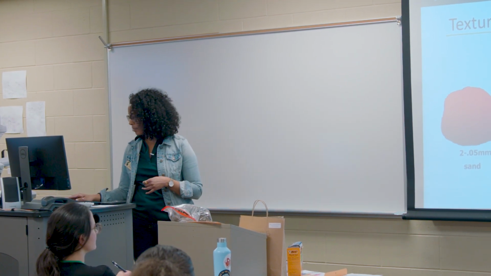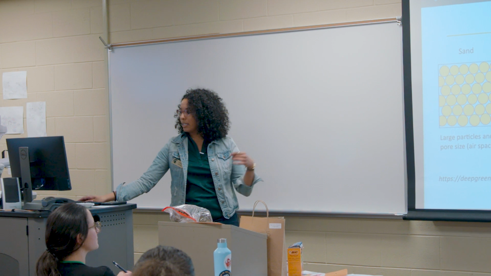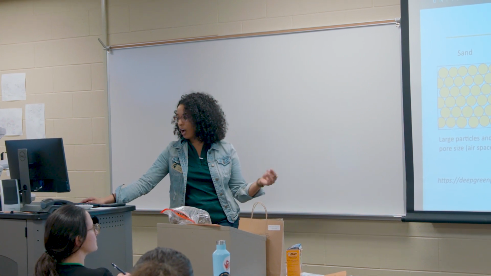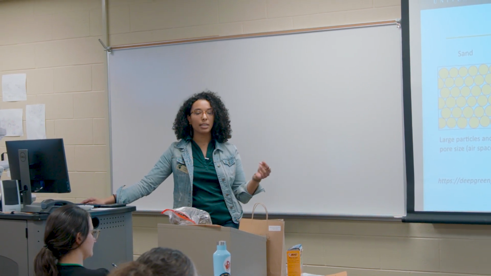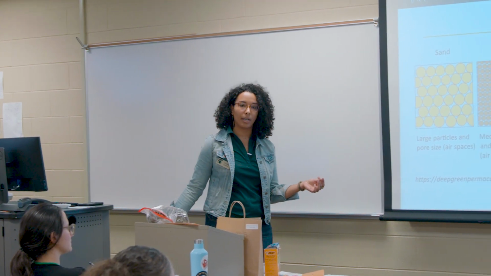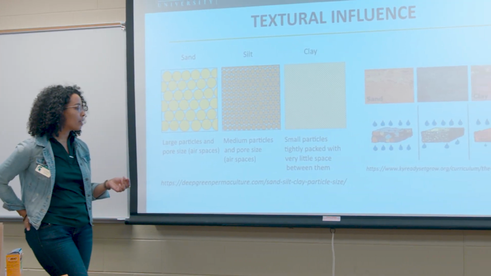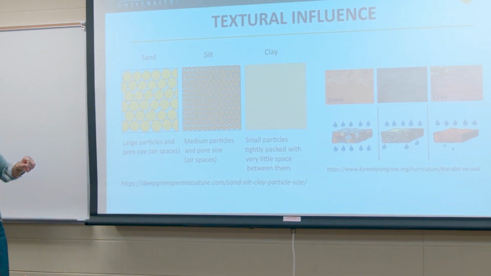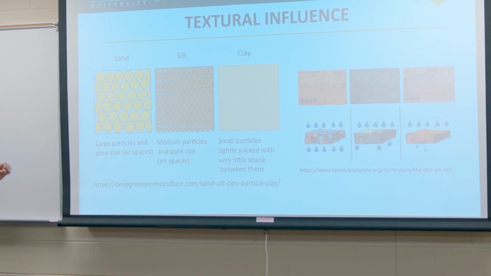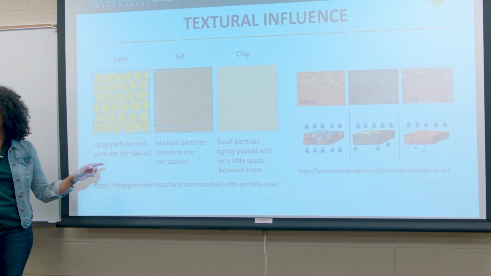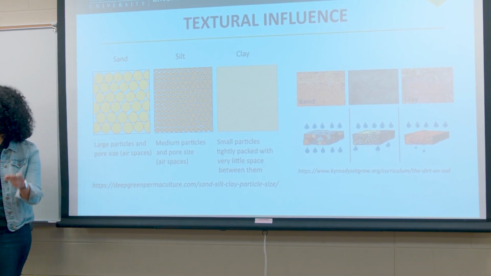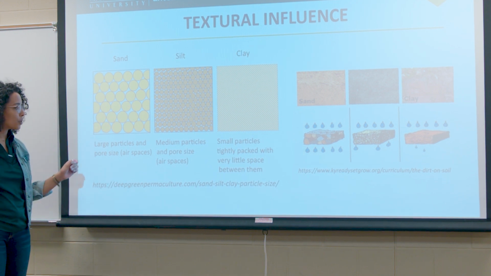Okay, so what is the influence of texture on our soil? Something like how water moves through our soils is really dependent on the textures that we have. Like we said, sand is a very large particle, so the pore spaces, those air spaces, are going to also be pretty large in a sand soil.